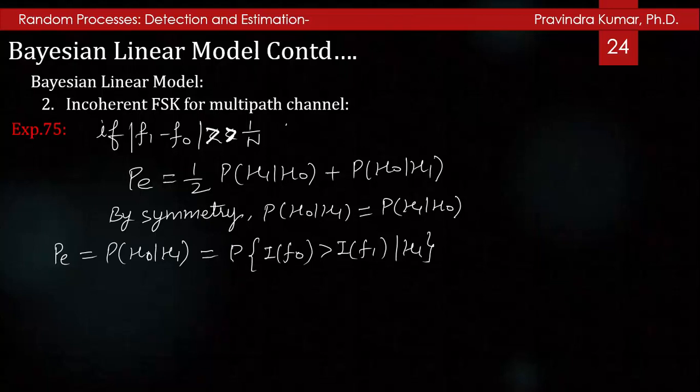Then the probability of error P(H0 given H1) is the probability that periodogram I(F0) is greater than periodogram I(F1) given H1.